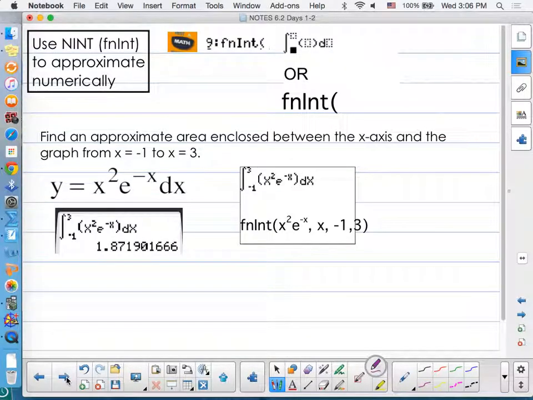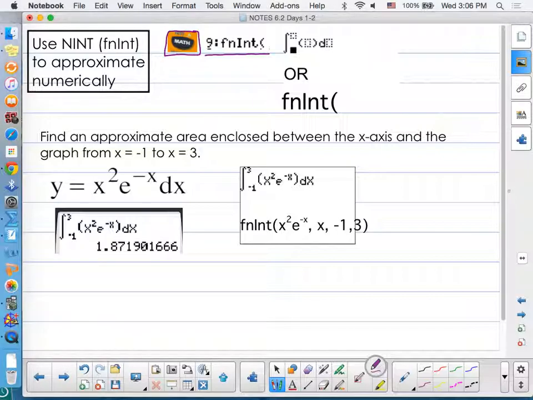Last thing on this video is your calculator can do an approximation for a definite integral. Again, it's only an approximation numerically, just as when it numerically approximates derivatives. So this isn't evidence that can be used. This is evidence that can be used to check an integral, to see if you're close. So on your calculator, please find under the math key, if you have an updated operating system, when you use 9 under the math key, it looks like it says function int.